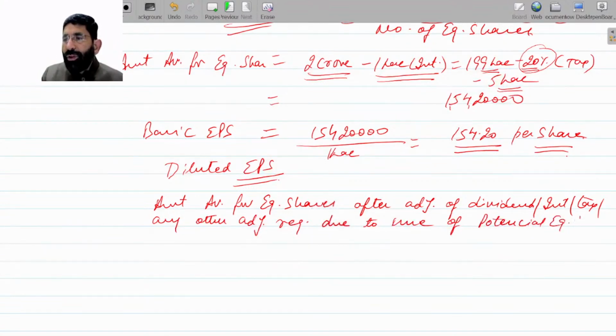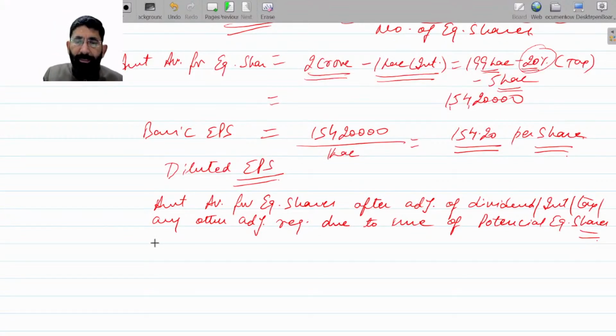Means we will have to assume these shares are issued, and then what adjustment will be made in interest, dividend, or tax, you have to make that adjustment.